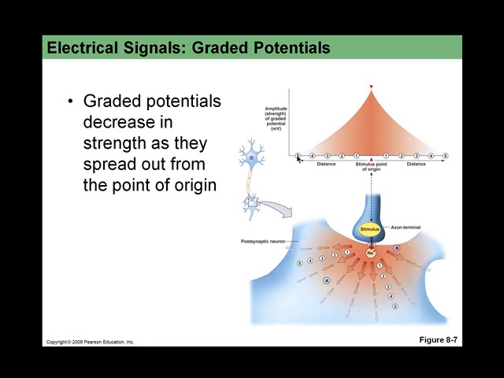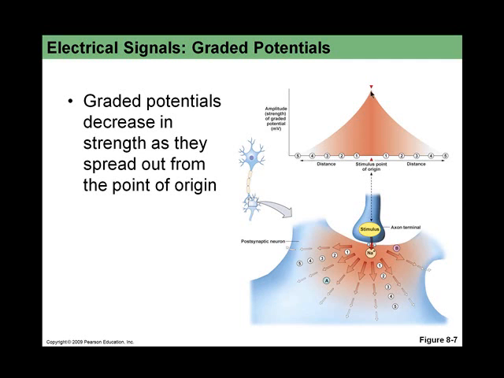That over time and over distance, the magnitude will not stay the same. It is not a continuous magnitude over distance and time, like an action potential would be. So in this case, there's no amplification, so there is going to be a deterioration.